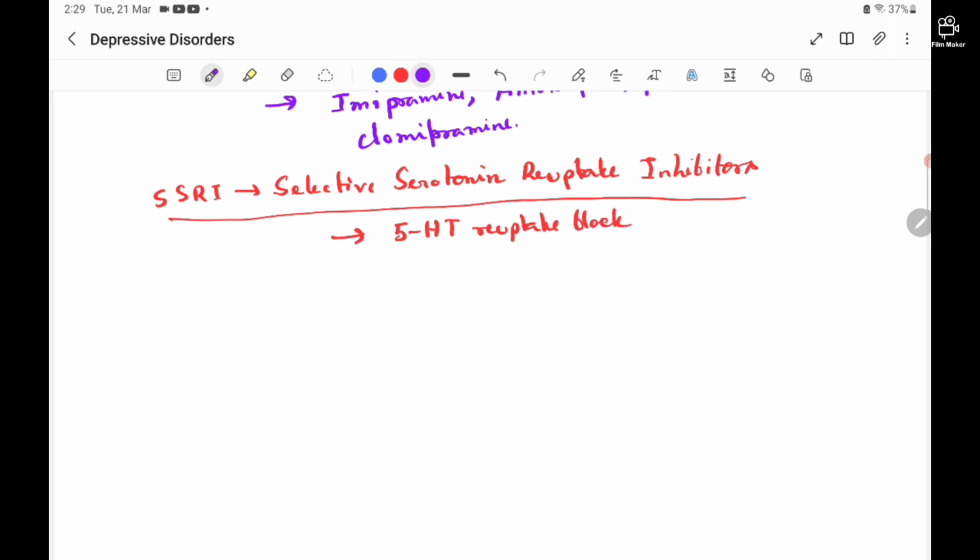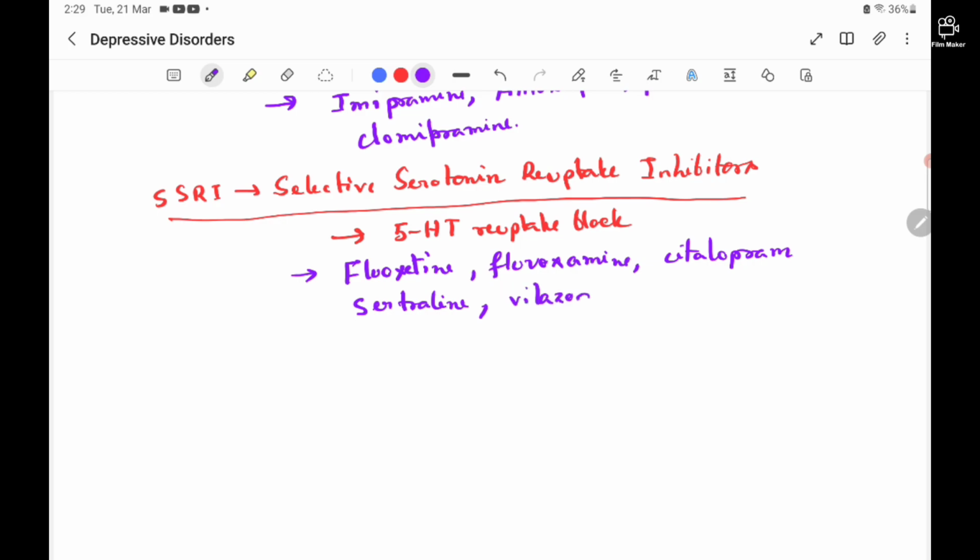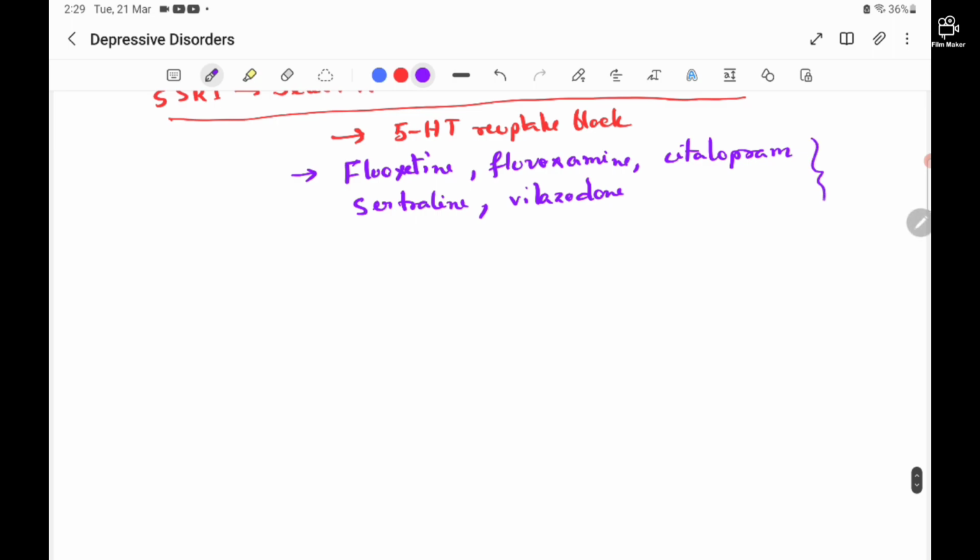Examples of these drugs include fluoxetine, fluvoxamine, citalopram, sertraline, and vilazodone. There are a lot of many more drugs, but yes, these are very frequently used drugs.